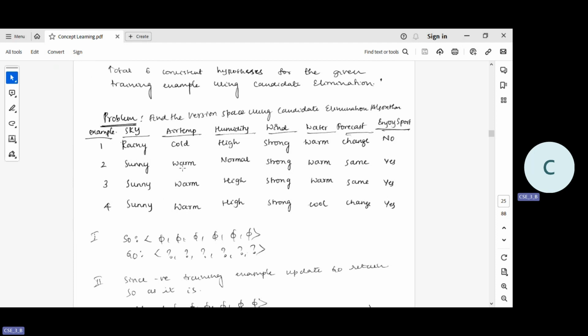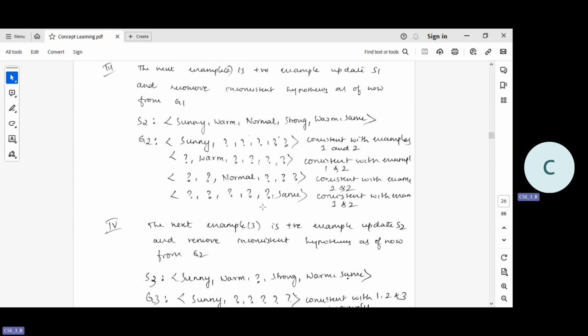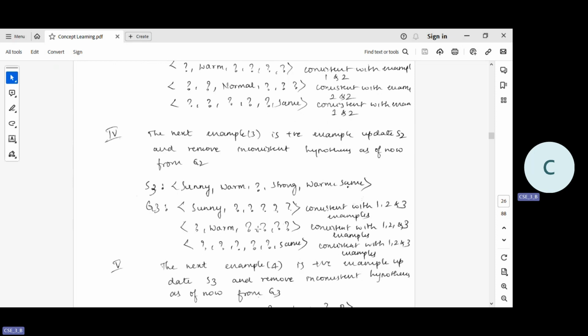And here there is a match and the outcome is yes. And again here there is a match, outcome is yes. And the question mark can be replaced with these values. So no, there is a problem of mismatch. And then here there is a match and the outcome is positive. So we are observing that this second hypothesis is also consistent with all the three training examples as of now.